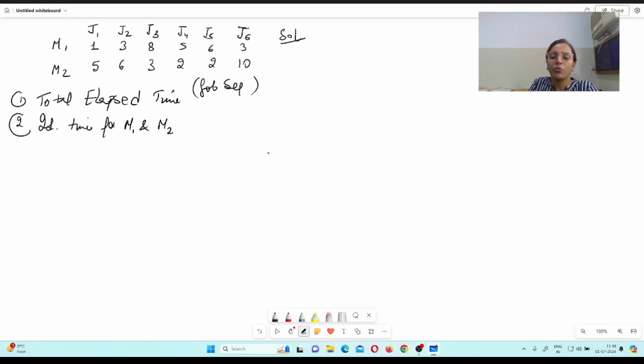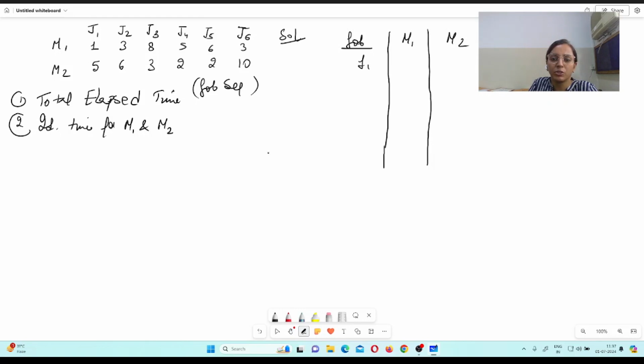First of all, we make it in a proper presentation: how many jobs there are, and passing from machine 1 and machine 2. Write it in this way so that we can apply the concept of Johnson's rule.